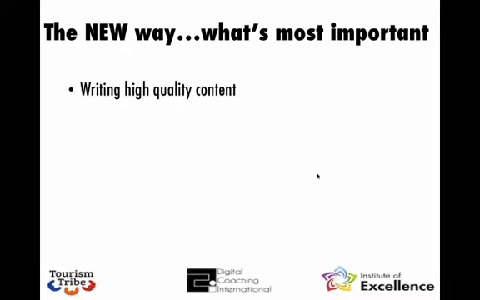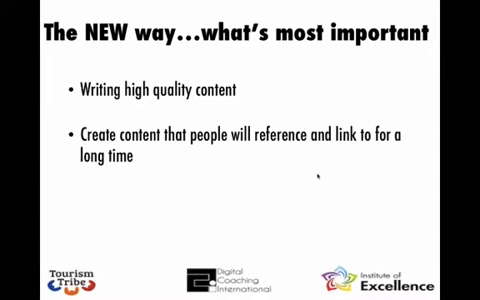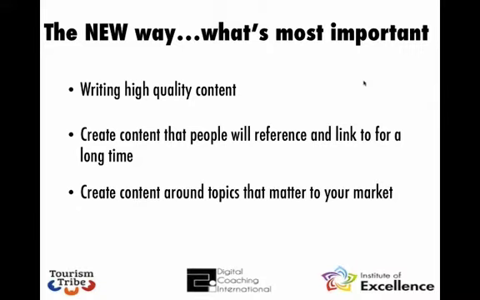They rank websites that offer users the most relevant, timely, entertaining and current content. So we want high quality content that people will reference and link to for a long time. That's what we call evergreen content: content that is relevant and current now, but also everlasting.